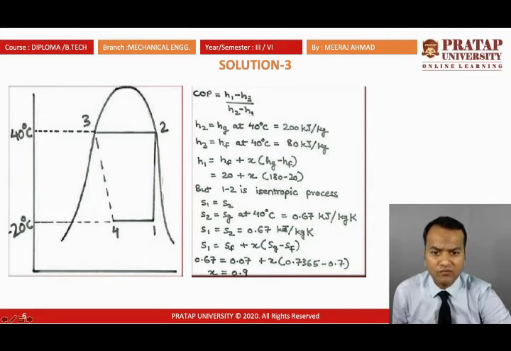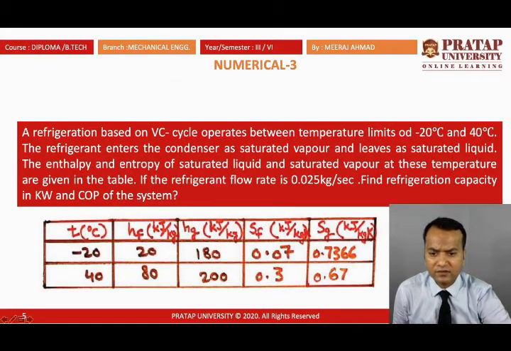When you find the value of H1, then you put the value of H1 in that, then you find the COP value. So, first you write the value of S2. S2 is equal to Sg at temperature of 40 degrees Celsius, which is equal to 200.